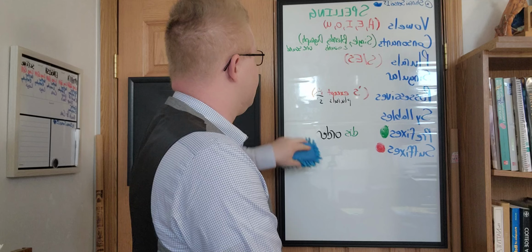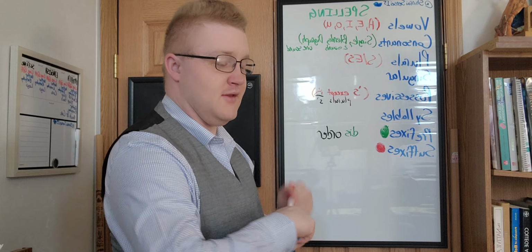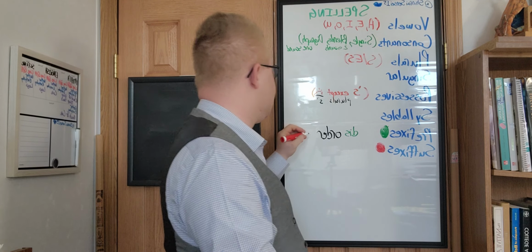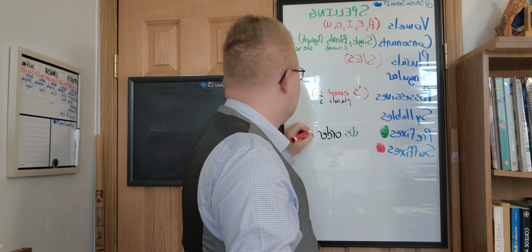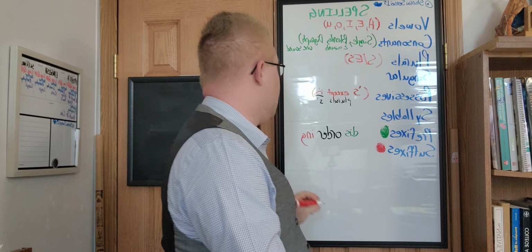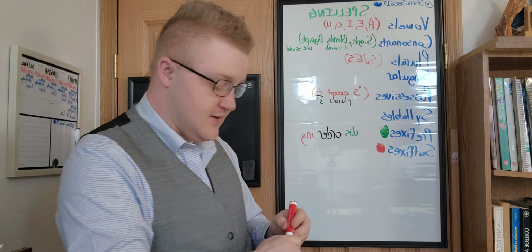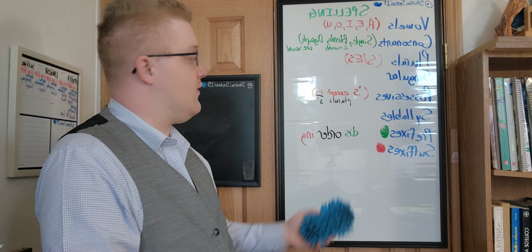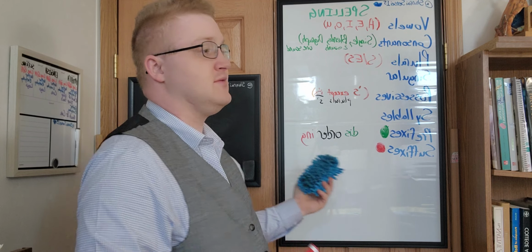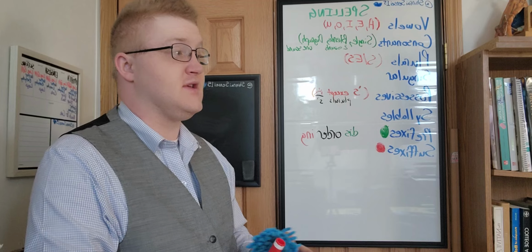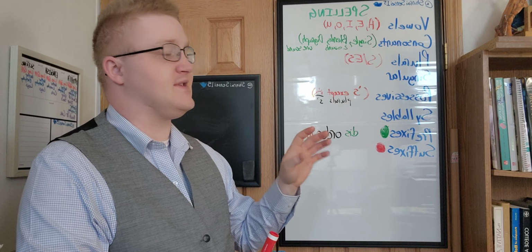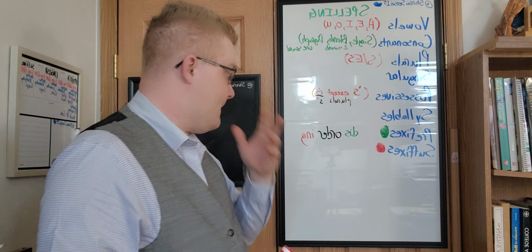So the book that I have says that suffixes would be like ing or something along those lines. So you'll have order becomes ordering. So instead of it being a thing, now it's an action, right?